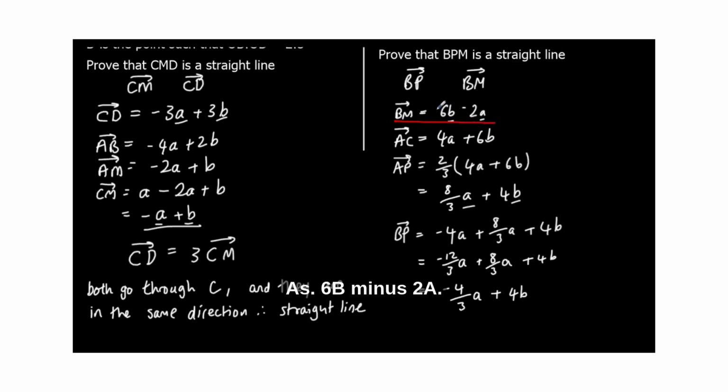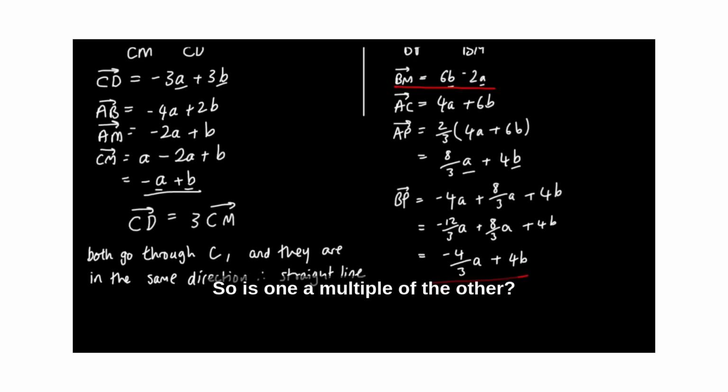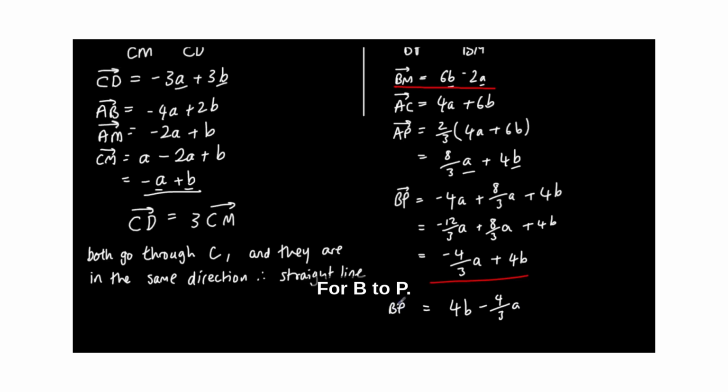as 6b minus 2a. We've got B to P as minus 4/3 a plus 4b. So is one a multiple of the other? I'll write this the other way around. So we've got 4b minus 4/3 a for B to P, and B to M was 6b minus 2a.